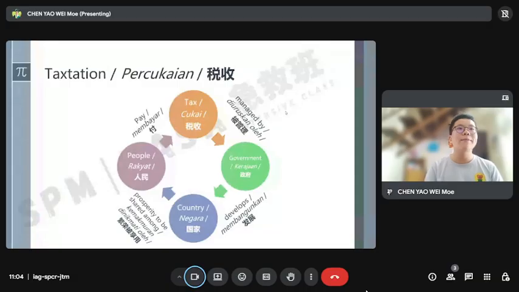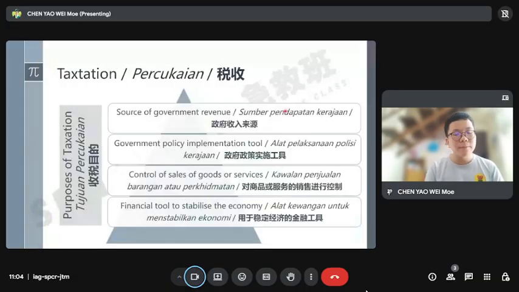It's a source of government revenue. If tax is not going, the government doesn't have money to improve anything in our country. For example, our hospital facilities, road transport, roads, and our education also.